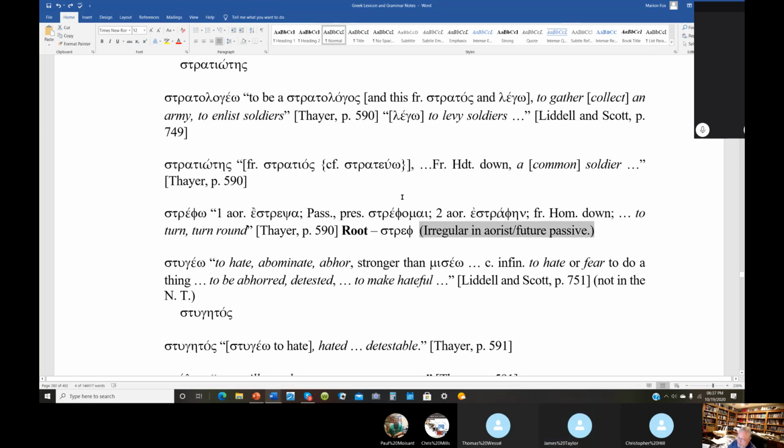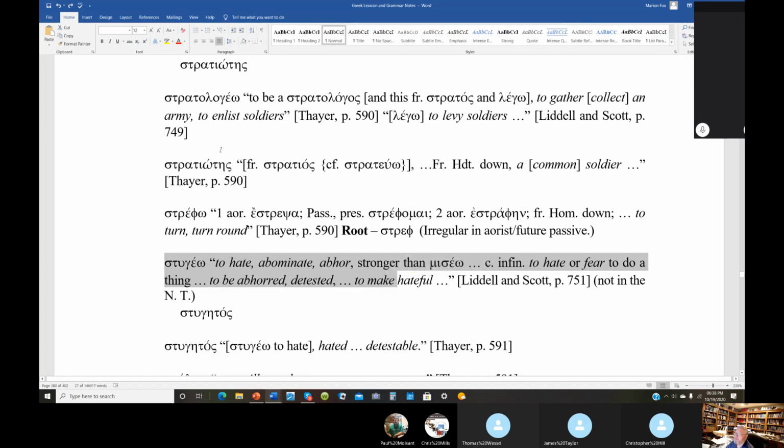Now then, when I point this out, I want you to be aware that this is not saying that other verbs aren't irregular. Okay? For instance, this verb right here, I haven't checked it. It might be irregular in a tense that's not found in the New Testament. Does that make sense? Well, this word's not in the New Testament.